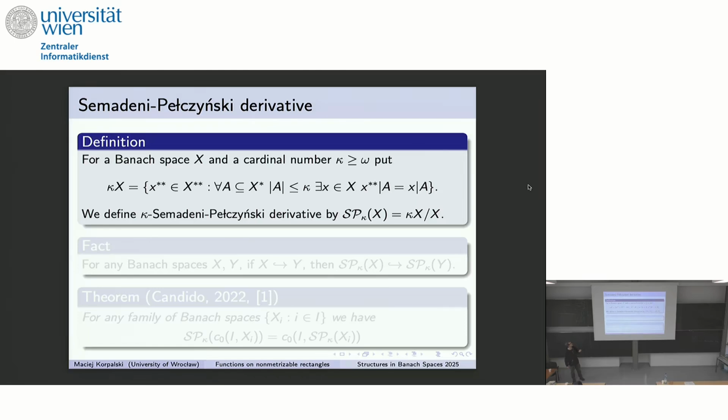So this definition basically says I take every operator in the second dual, which on a set of cardinality at most kappa from the first dual, we can, for each such set, take an element of the original space such that these are acting the same on this subspace.